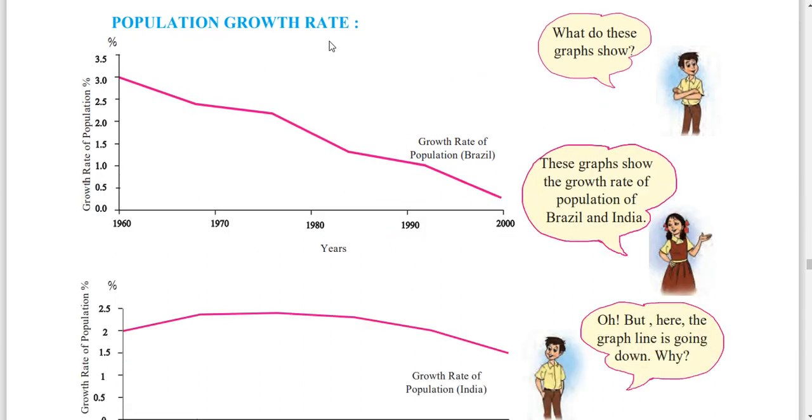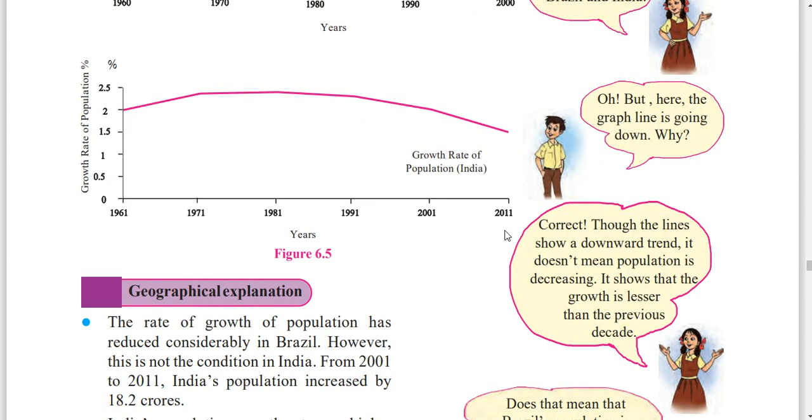Population growth rate. See, the population growth rate of Brazil is decreasing from 3% to almost 0% from 1960 to 2000. And in India, in 1961 it was 2%, then it increased in 1971 to about 2.4%, then slowly it started decreasing till 2011, when it is about 1.5%.